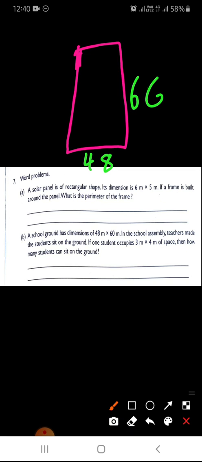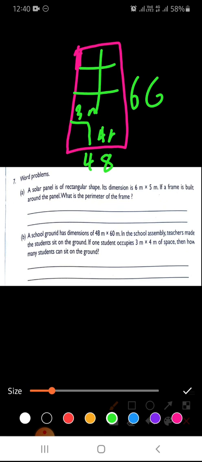The other thing that is given is that one student occupies 3 m by 4 m. If a student is sitting here and occupying a 3 meter by 4 meter area, then how many students can sit in the whole ground? First you will find the total area of the field, then you will find how much area a single student is occupying.